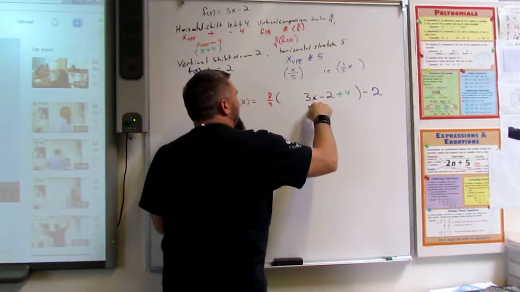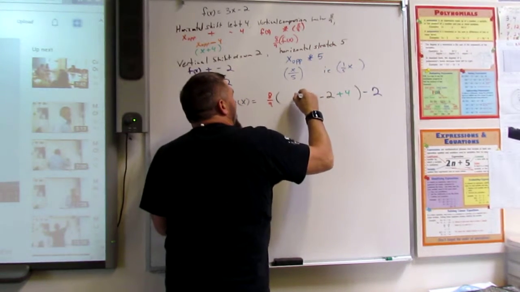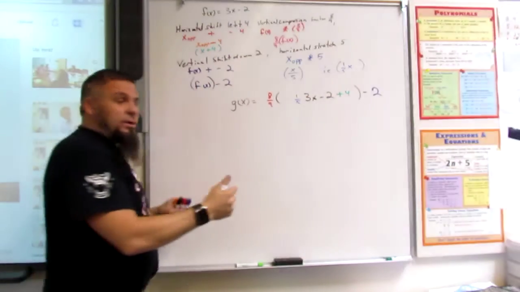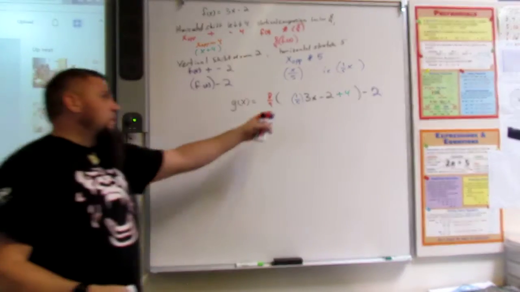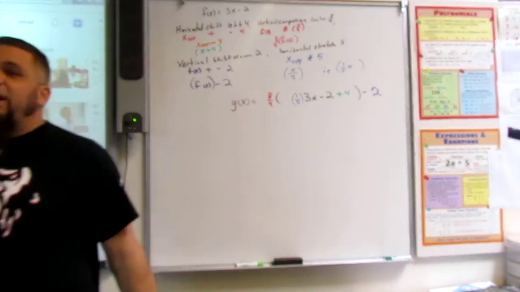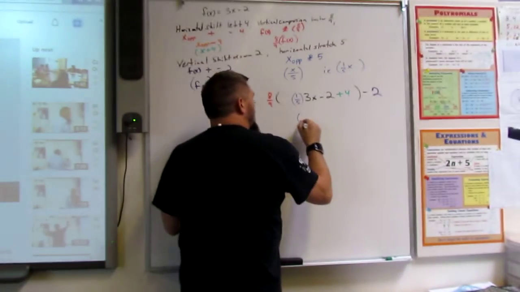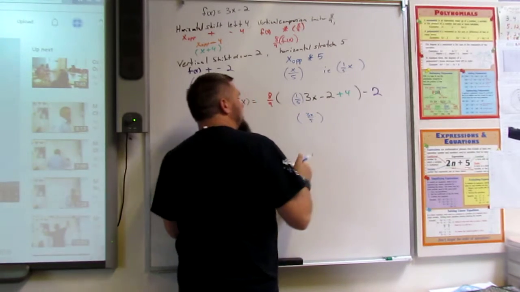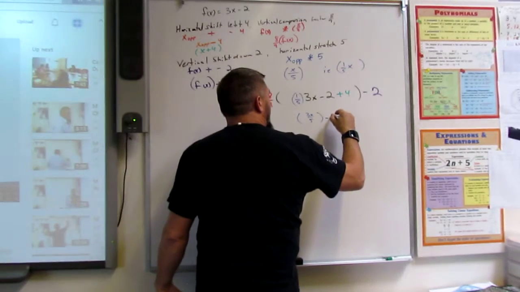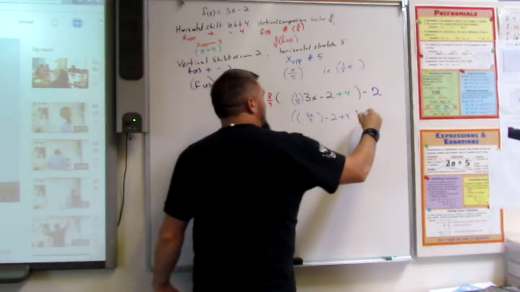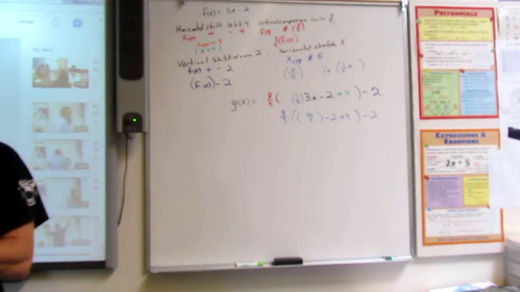I could put it right here or beside. It's up to you. I could say 1/5 times this, or put a line under 3x and put a 5 there. This could also look like 3x over 5. Then minus 2 plus 4 parentheses 8/9. And that's what it would look like.